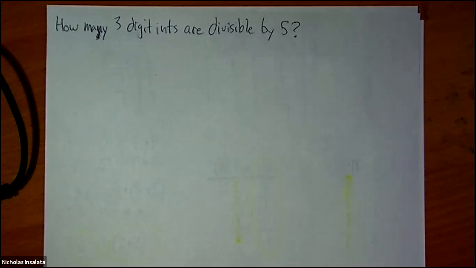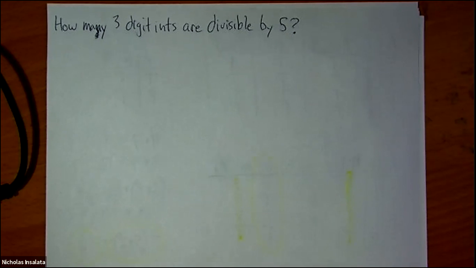Okay, so what do you think? Okay, 999 divided by 5. Well, that's not going to be a whole number though, right? David, you're saying 180? Okay, how'd you get that?